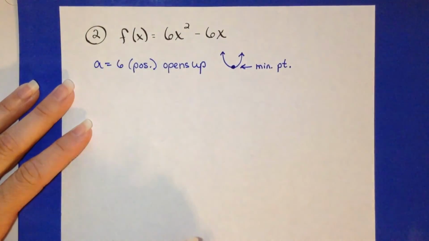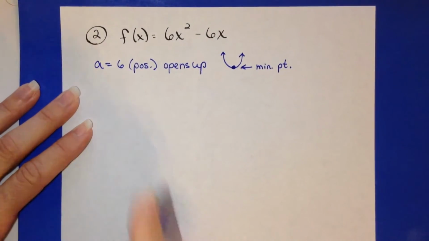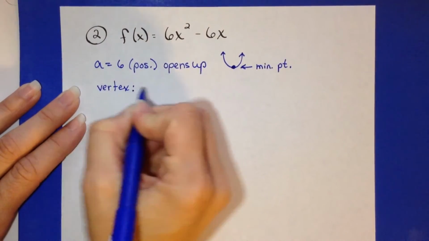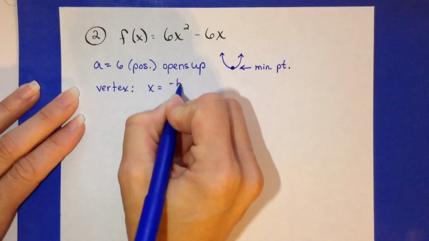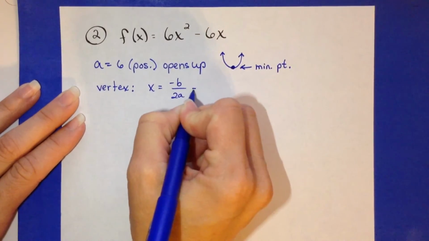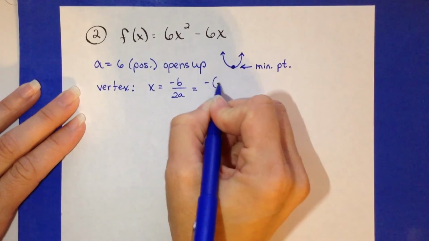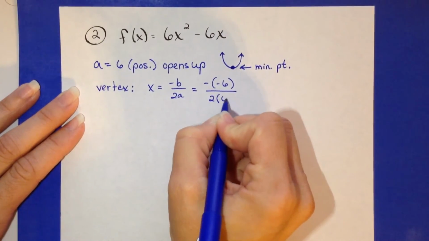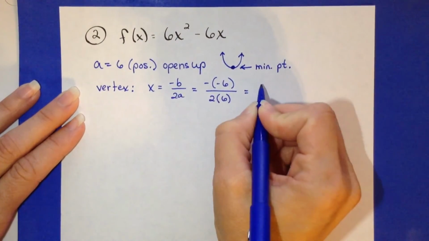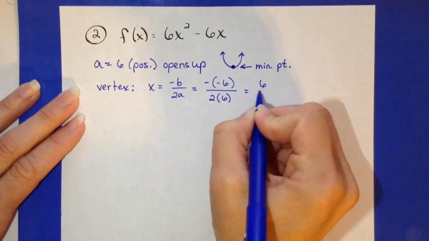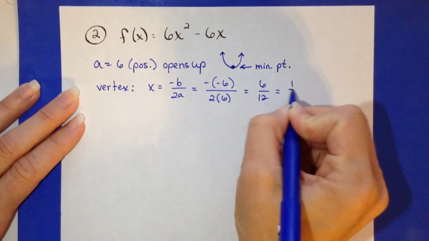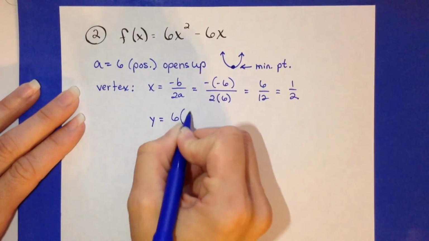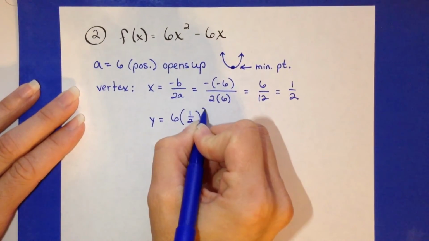Okay, so I do need to find my vertex. Of course, this will require the same little formula I used a minute ago, the negative b divided by 2a. So I would have negative 6 divided by 2 times 6. Okay, so I have 6 divided by 12, which is 1/2. So now I have to substitute the 1/2 back into the problem.